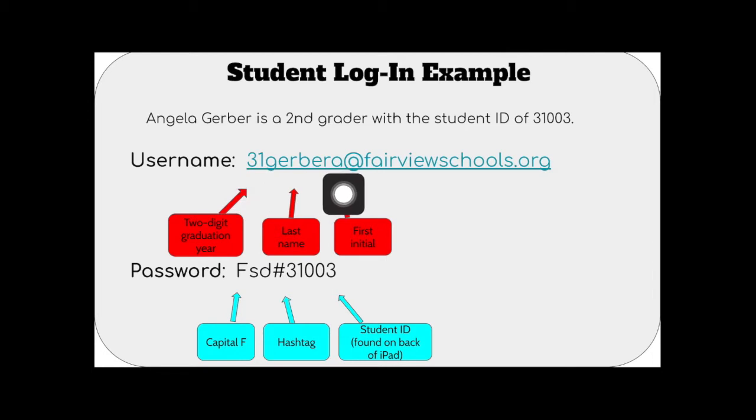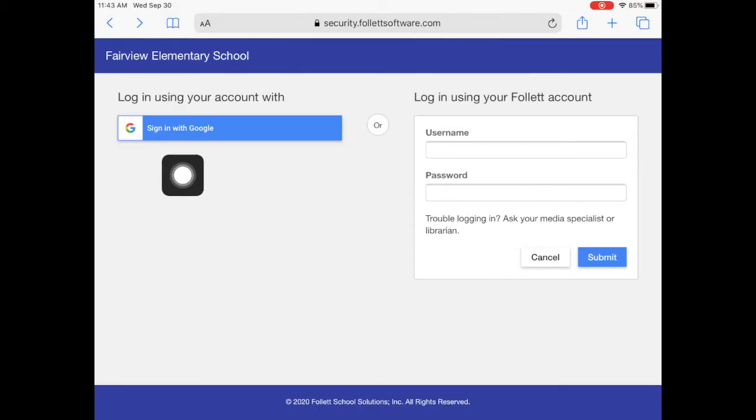Your last name and your first initial at fairviewschools.org. That's the username. And then that password, capital F, lowercase s d, hashtag, and that 5-digit student ID, which is found on the back of your iPad on that white piece of paper. If you have any trouble with that login, make sure you reach out to me, to Mrs. Gerber, and I can help you with that part.